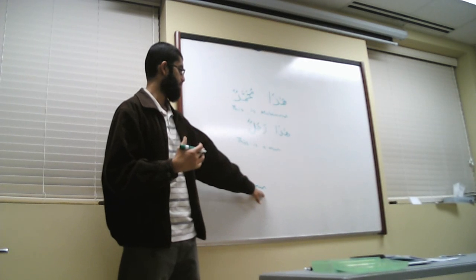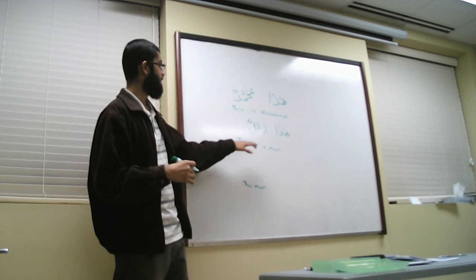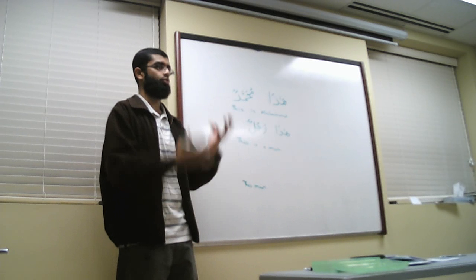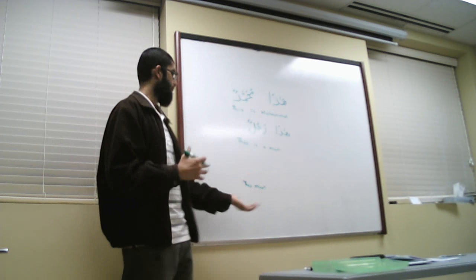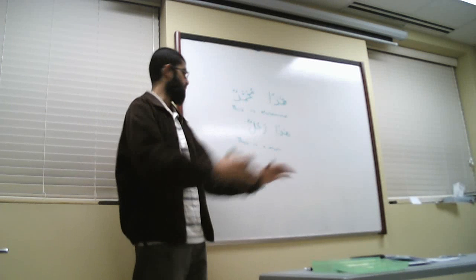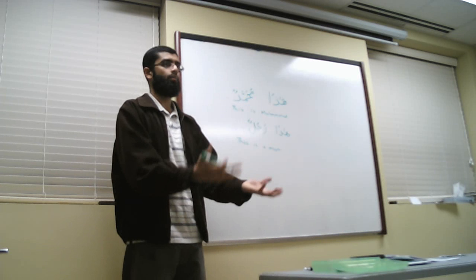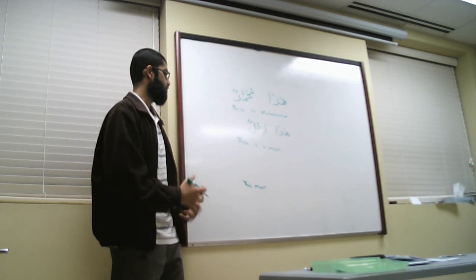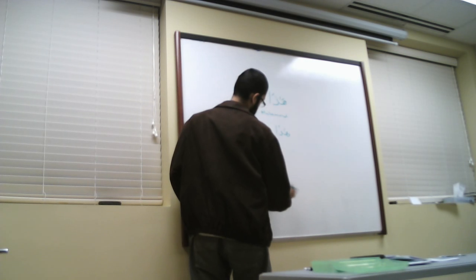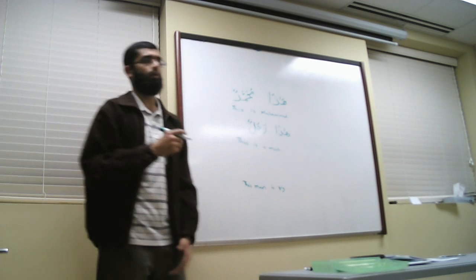So هذا رجل is not correct. I'm going to say هذا الرجل. I put a shadda on the ra, because the ra is a shamsiyya letter, so I jump from the dal to the ra. That's why there's a shadda there. هذا الرجل means this man.